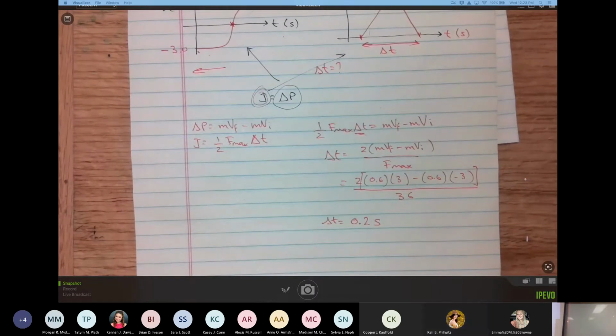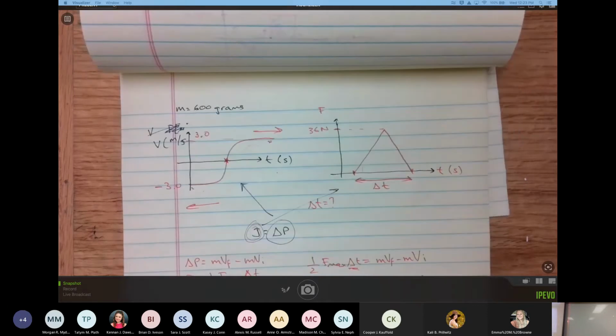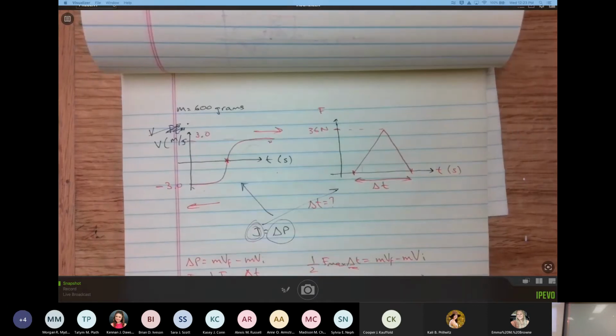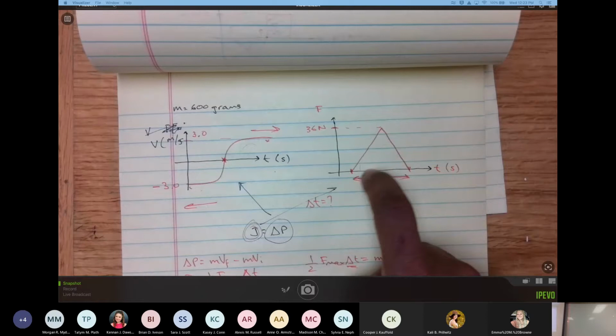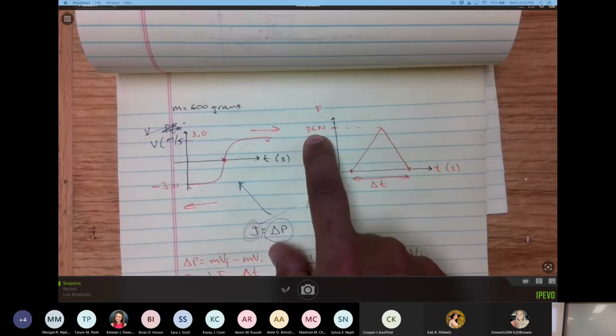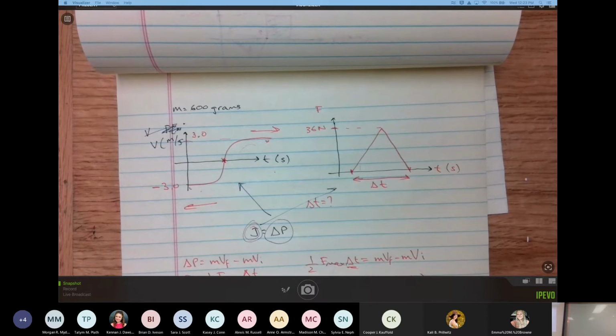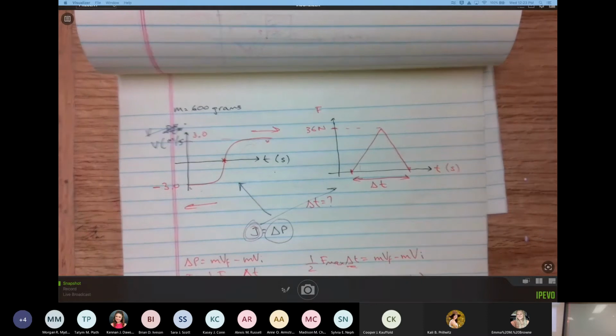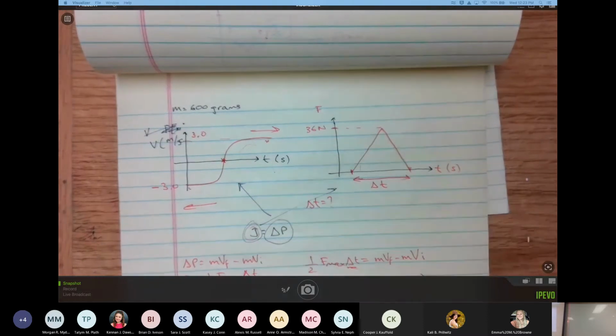Okay, so this is more or less the kind of problems that we can do right now. The most I can ask at this point will be different shapes of your impulse graph, and either I can ask for the time or I can ask for the maximum force. Maybe instead of a triangle, you have a semicircle, or you have positive and negative values, or things like that.